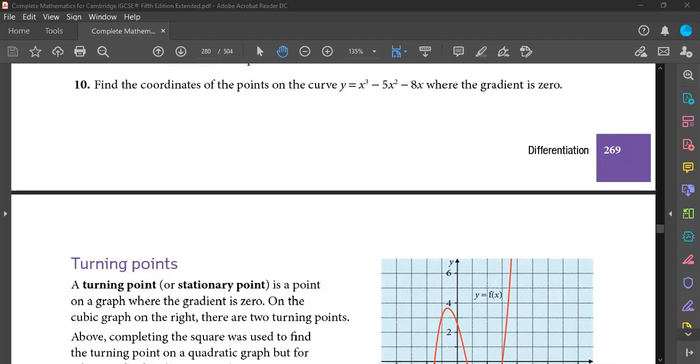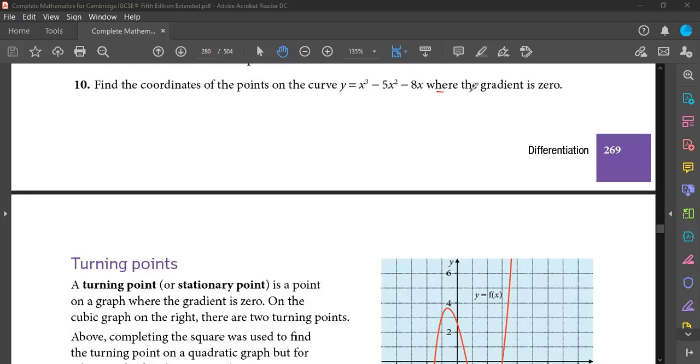Come on, question 10. Who spoke? Me, sir. Go ahead. Okay. Find the coordinates of the point on the curve y equals x cubed minus 5x squared minus 8x.